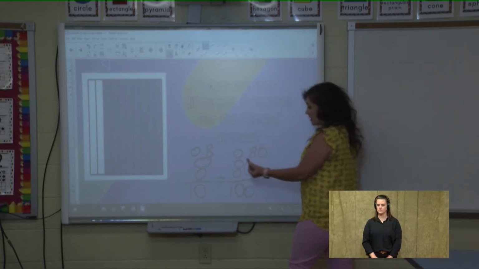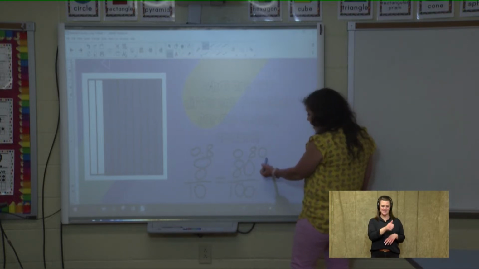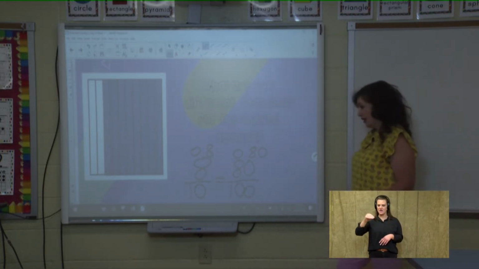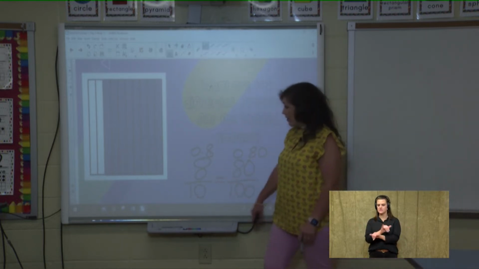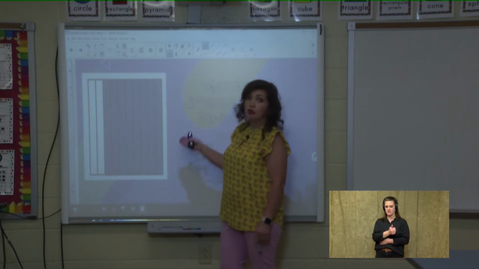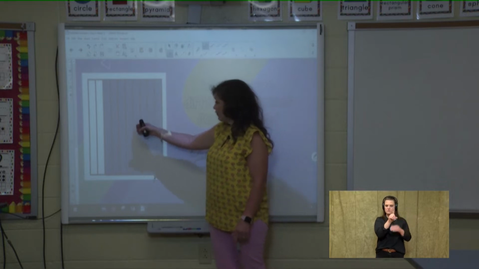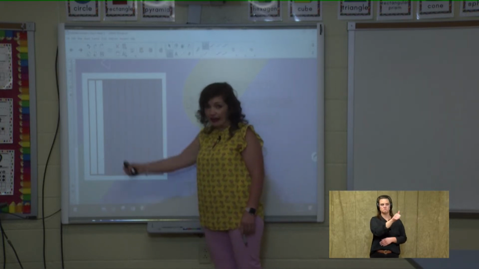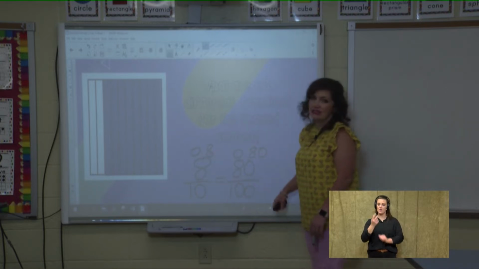And we can look at this and we know that 8 tenths is the same amount as 80 hundredths, based on what we learned on Monday, because we know that if we have 8 tenths, each tenth equals 10 hundredths. So 10, 20, 30, 40, 50, 60, 70, 80 hundredths. And that's how it would look in decimal form.